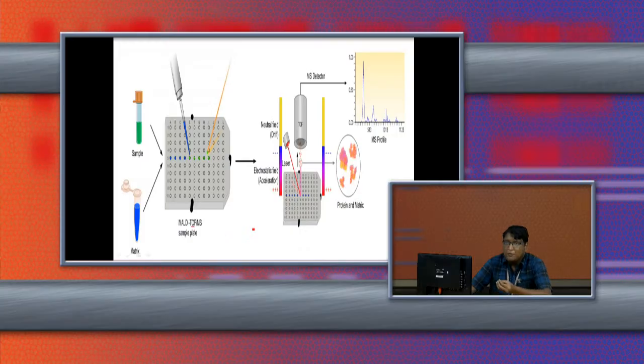So higher the mass, higher the deflection, lower the mass, lower the deflection. This is the principle we saw in the last lecture, right? So time of flight refers to the time taken by the individual molecules to reach the detector, because the detector is the component which will detect the sample, right?